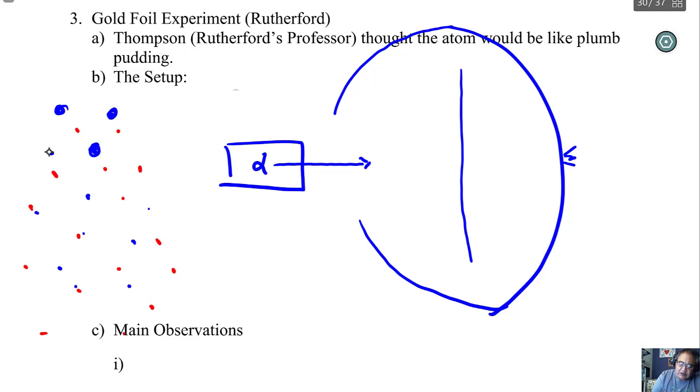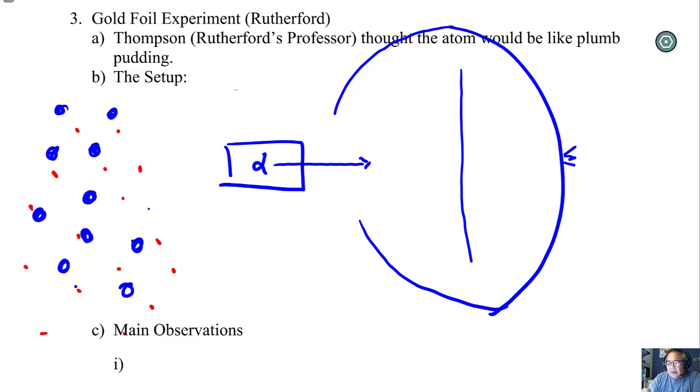So what he decided to call this was plum pudding. Plum pudding is this smooth, jello-like, pudding-like thing, and it has plums in it. The plums were these big things, and they're just unevenly distributed in the pudding. And that was his first premise of how matter would be.